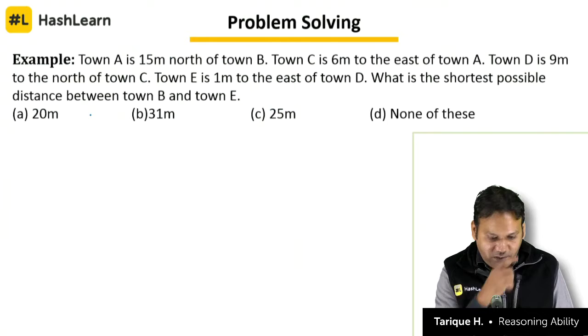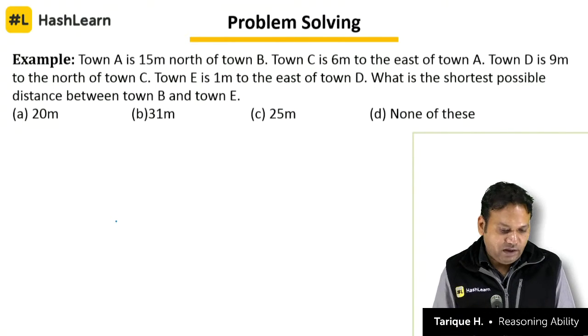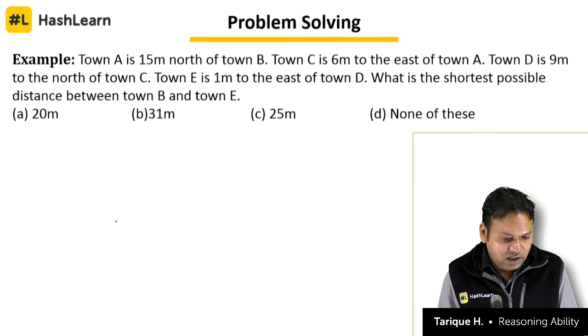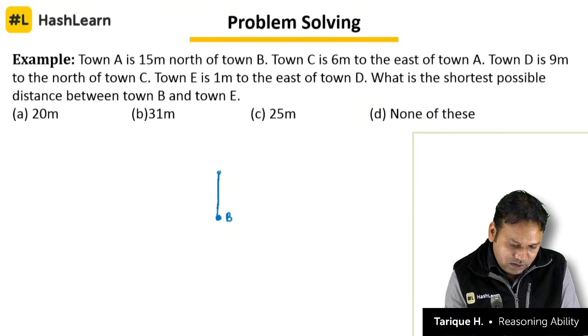Town A is 15 meters north of town B. Don't worry about the unit here, 15 meters or kilometers or miles. Town A is 15 meters north of town B. Let's take this and see, this is town B and town A is to the north of town B. So this is town A and this is 15 meters.